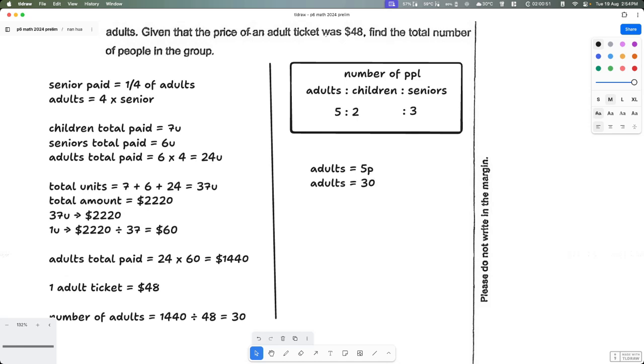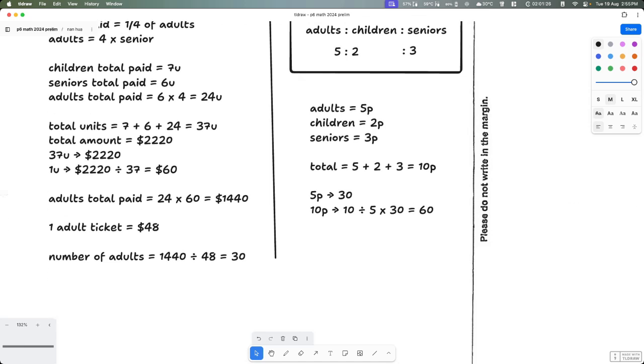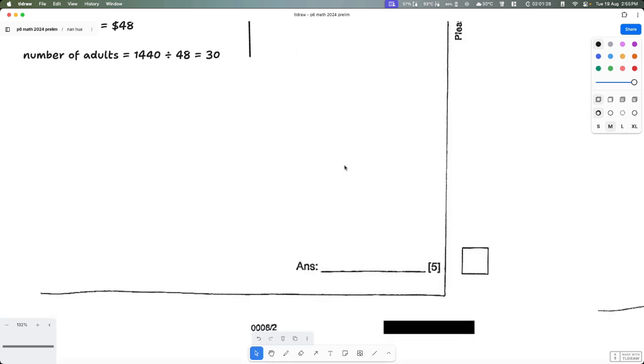So total is 5 plus 2 plus 3, which equals 10 parts. So 5 parts is equal to 30, and 10 parts is just times 2, but sure: 30 divided by 5 times 10, which is 60. There we go. So there are 60 people altogether.